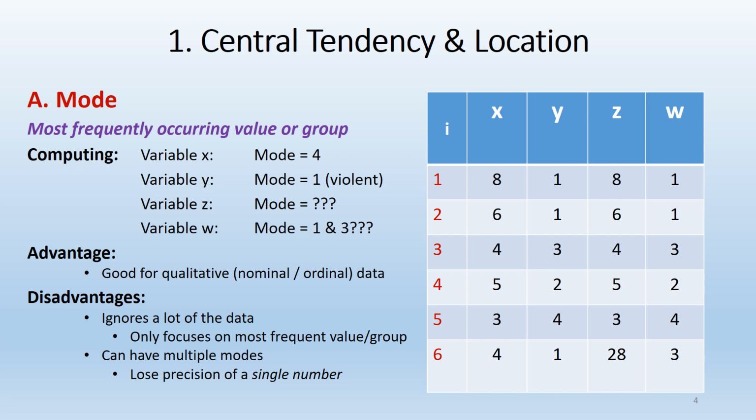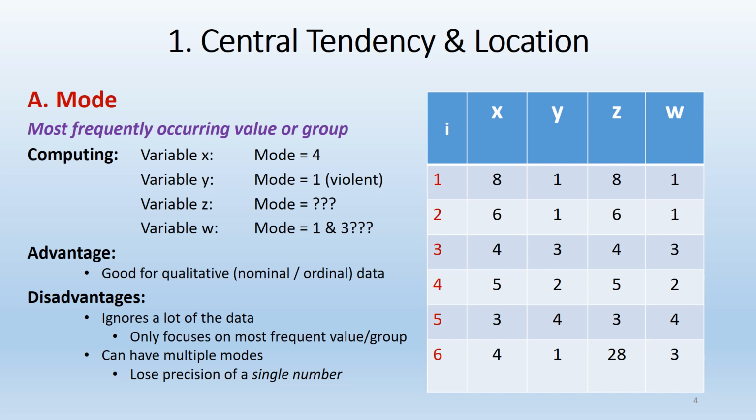Therefore, for variable y, we get a mode of 1. But one thing we also want to consider about variable y is that, because it was a qualitative variable at the nominal level of measurement, the number 1 doesn't really tell us anything with true meaning unless we know what 1 stands for. That's why I include that the mode is 1, but also indicate that that represents a violent offense.